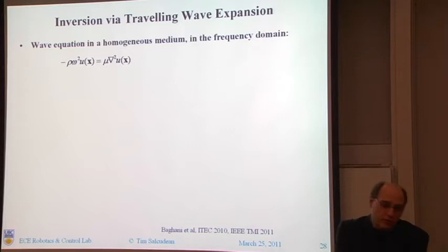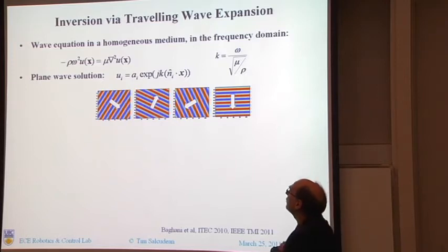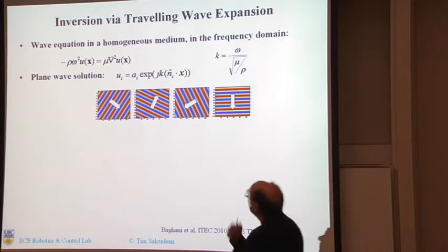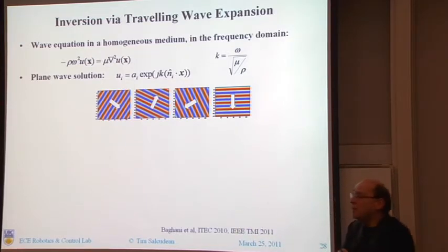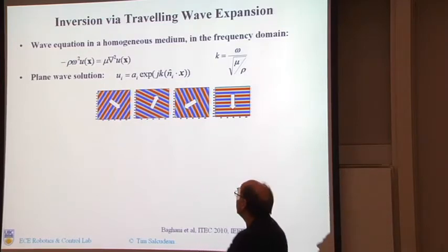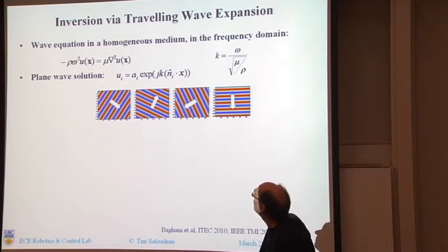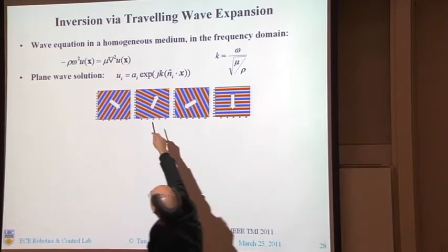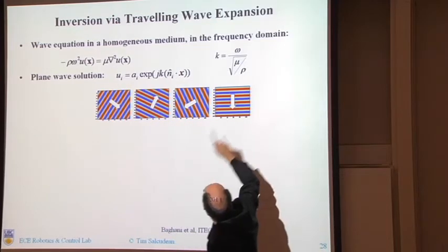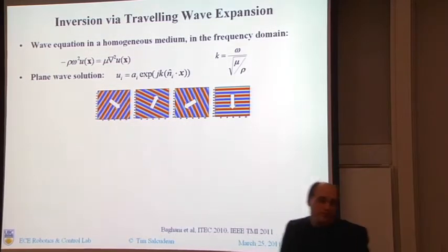Okay, we have the wave equation, and there is a very simple plane wave solution to this, which corresponds to exponential of omega t minus kx, where k is the wave number, and x is a direction in space. So if you plug in u_i equals a_i exponential of jk times n_i dot x, with that value of k into the wave equation, you get a solution.